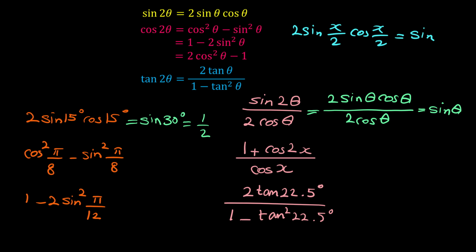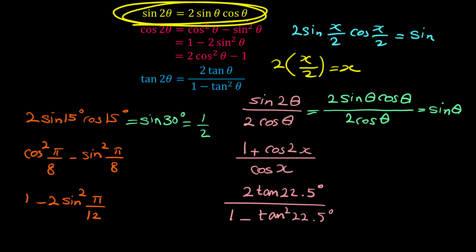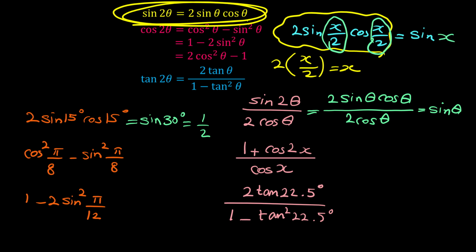What is double of x over 2? 2 times x over 2 is x. So based on this identity, if we want to simplify this expression, we can write it as sine of x. Because whatever the angle is here, in the other side should be double of this. Double of x over 2 is x.